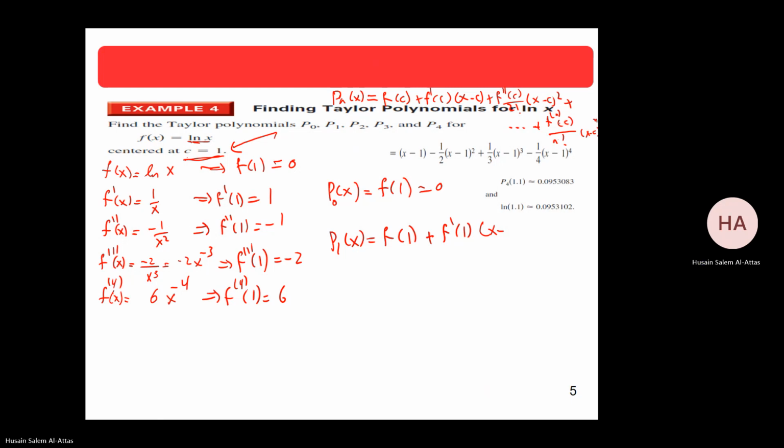Now c equal 1, so x minus 1. So that gives me what? This is 1, gives me x minus 1.